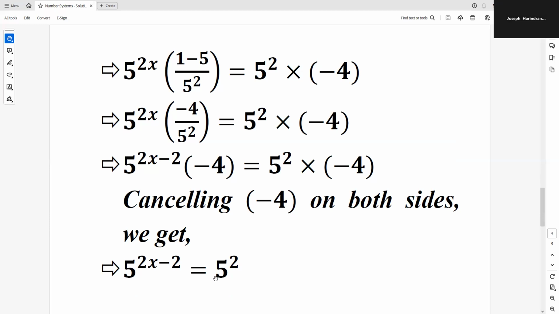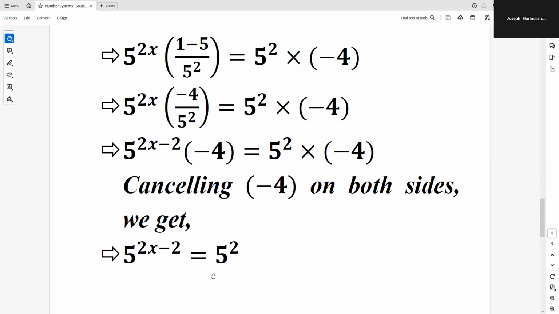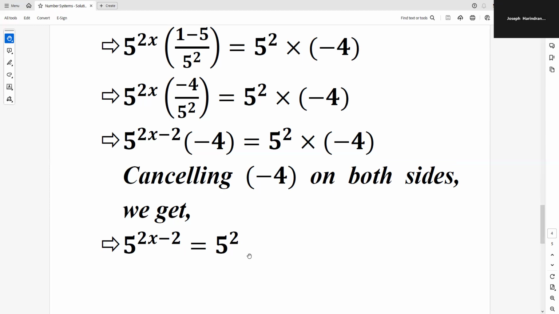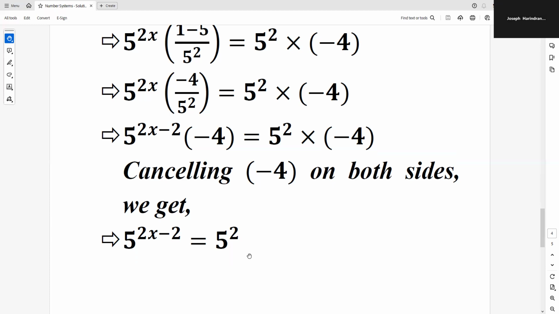We have reduced a complex exponential equation to a very simple equation having the common base. Note it, the bases are the same on both sides, which is 5. So 5 power 2x minus 2 is equal to 5 squared. So when the bases are the same on both sides, we have to equate the exponents.